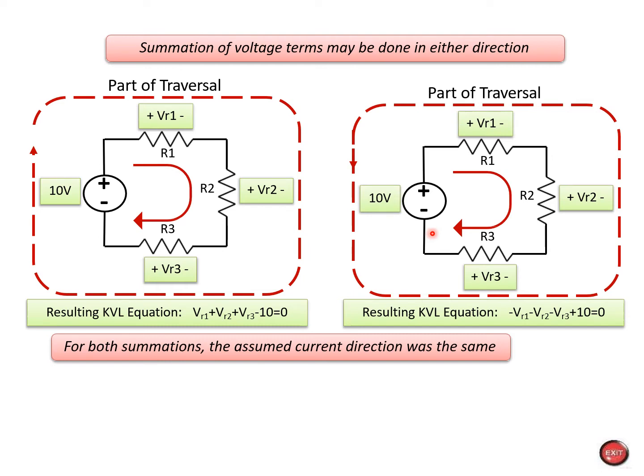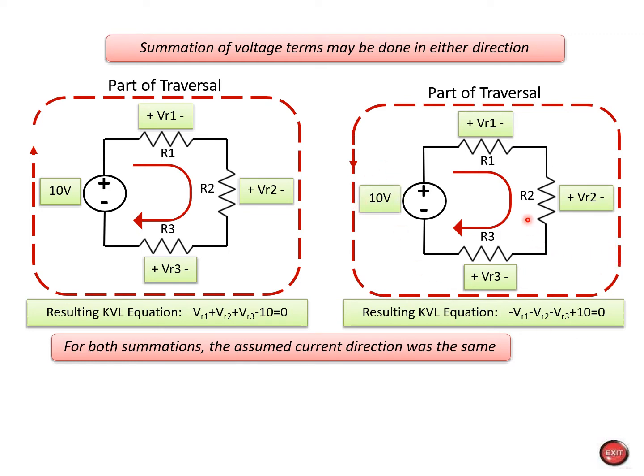Okay. Now let's see the second one. That is, the direction of traversal is opposite to the first one. If you observe closely, the direction of current in the second loop is also the same as the first one, that is, from the positive terminal to the negative terminal. But the direction in which we move is opposite to the first one. That is, we are moving backward.